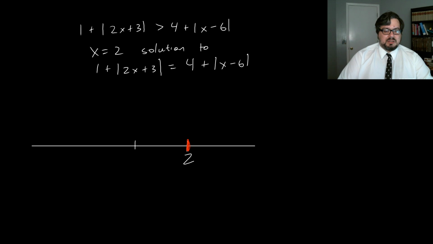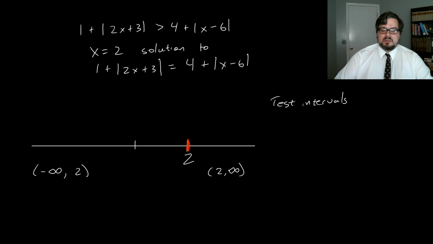In fact, I won't even indicate 0 right now. So now we're going to test the intervals. We have 2 intervals we're looking at here, from negative infinity to 2 and from 2 to infinity. So we're going to take numbers in each of these intervals, plug them into the original inequality, and see whether we get a true statement or not.